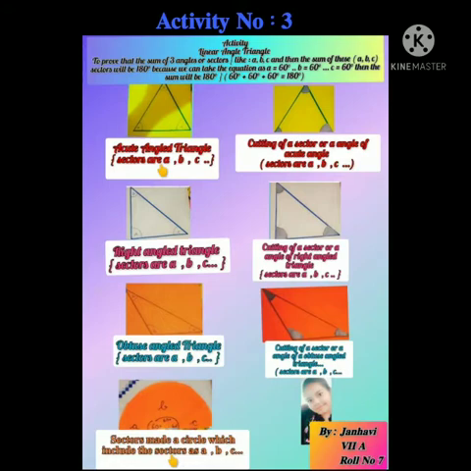So here is activity number 3, and the name of this activity is the angle sum of a triangle. We will prove that the sum of the three angles or sectors A, B and C will be 180 degrees, because we can take A equal to 60 degrees, B equal to 60 degrees and C equal to 60 degrees.